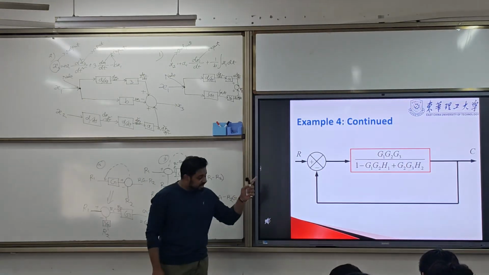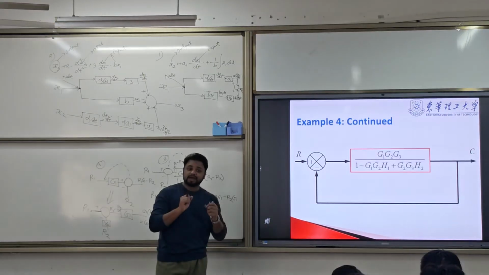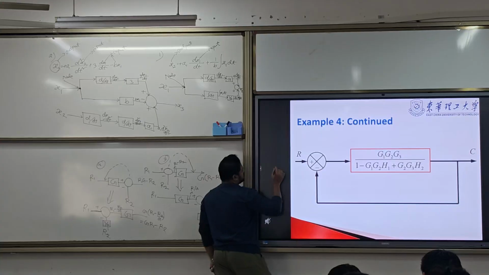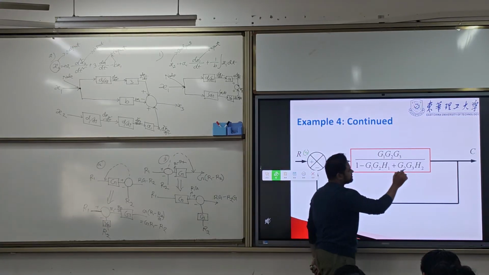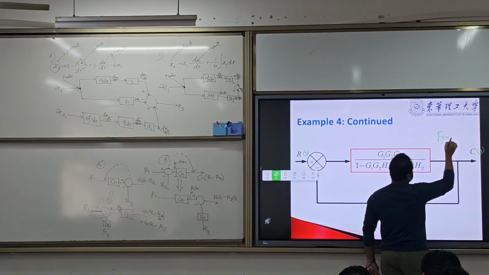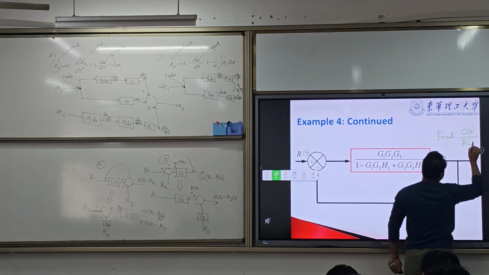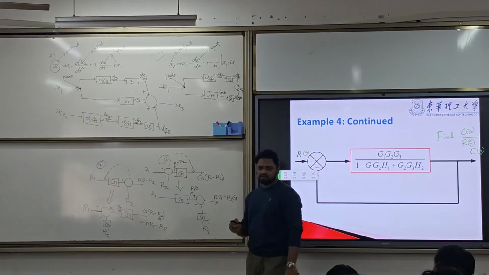Now this is your canonical form, but if you are asked to find out C by R or CS by RS, if in your question it is asked to find CS by RS like this, then this is not your answer.